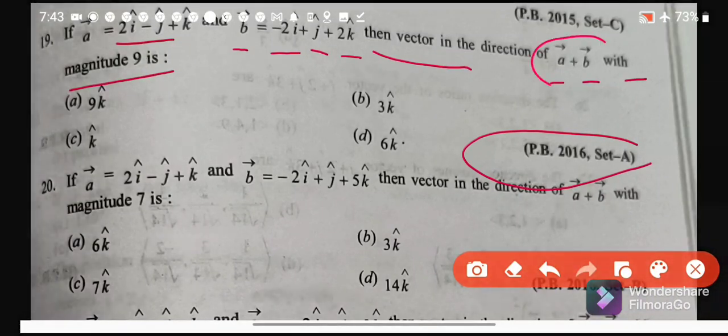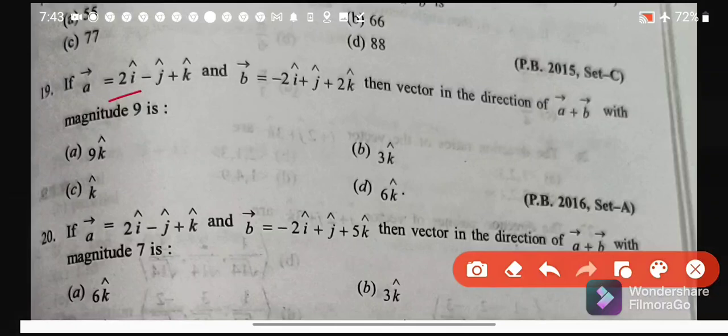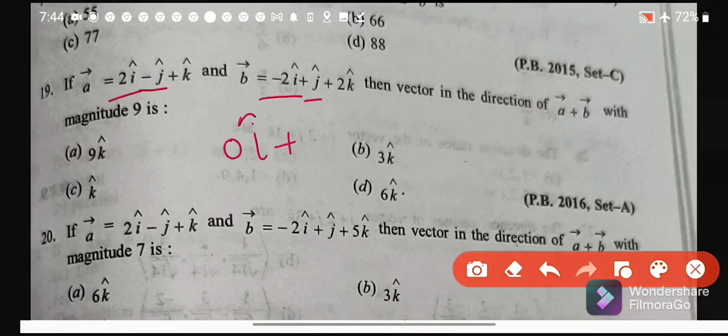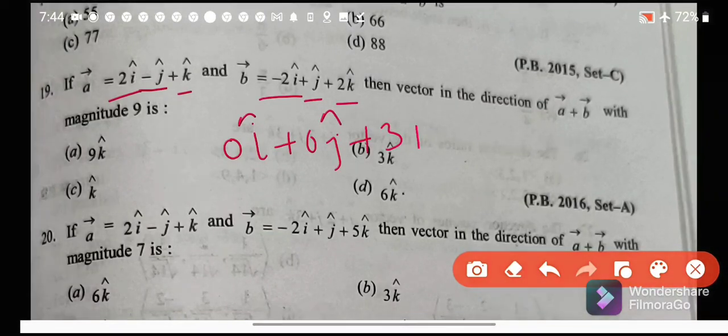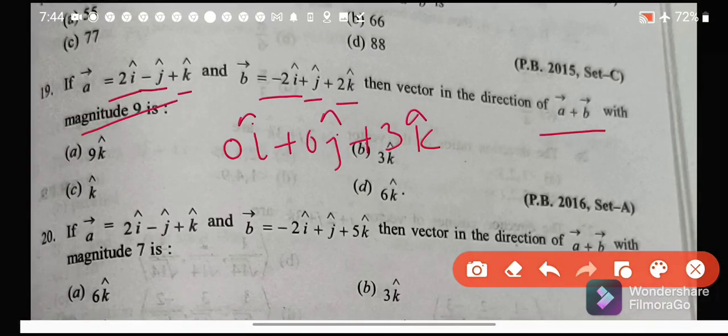Now first of all find A plus B. 2i minus 2i, that is 0i cap, minus j plus j, that is 0j cap, and 3k cap. Now vector in the direction of A plus B with magnitude 9 is 9k cap. So answer is A option.